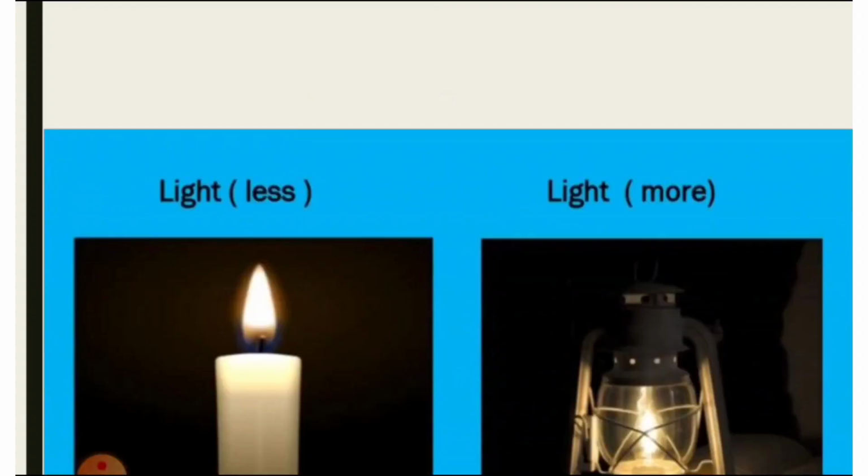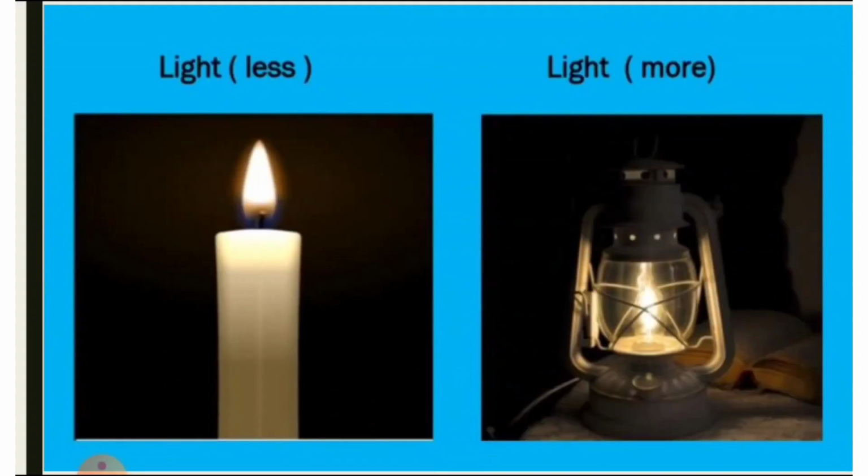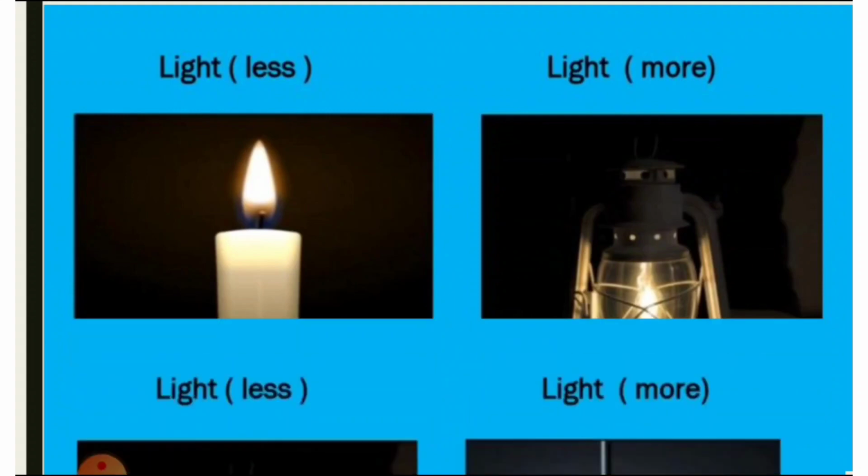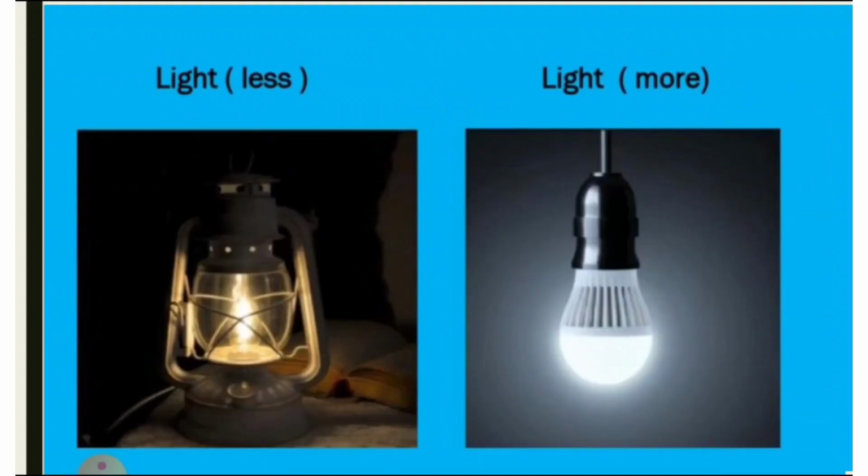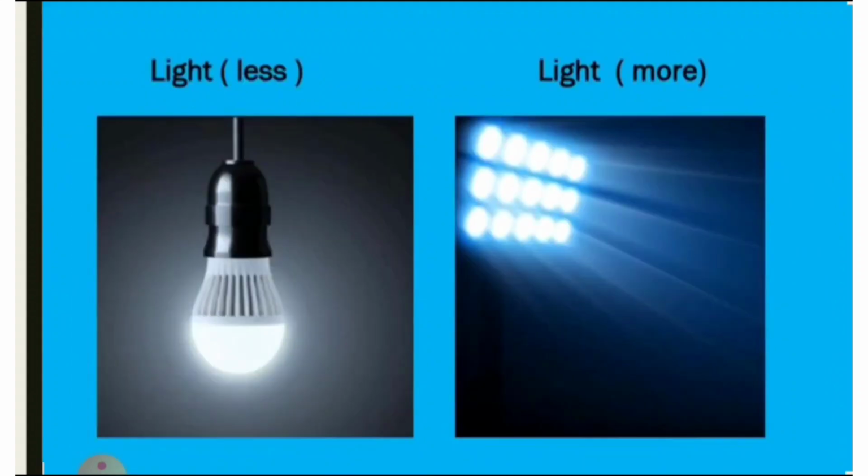Now, the intensity of the light is determined by the extent to which the objects emit light. For example, the light of the candle is less as compared to the light of the lantern. The lantern's light is less as compared to the light of the electric bulb.